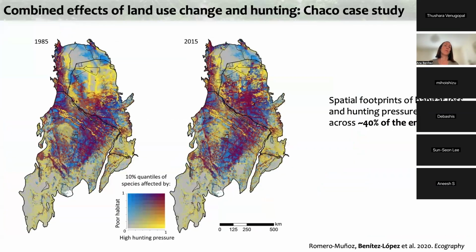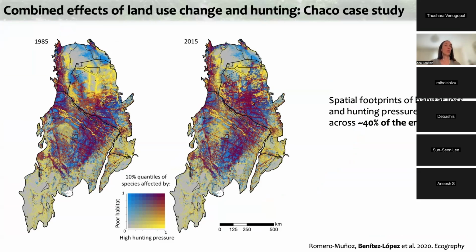And then we projected this for these two points in time to quantify where we could see areas where hunting pressure and poor habitat were affecting mammal species, which are the purple areas, and then some areas where it was one or the other driver affecting.